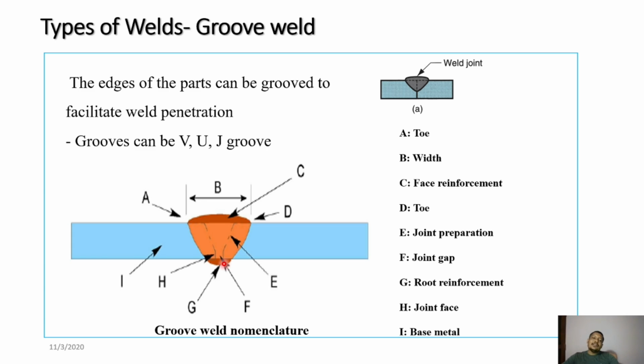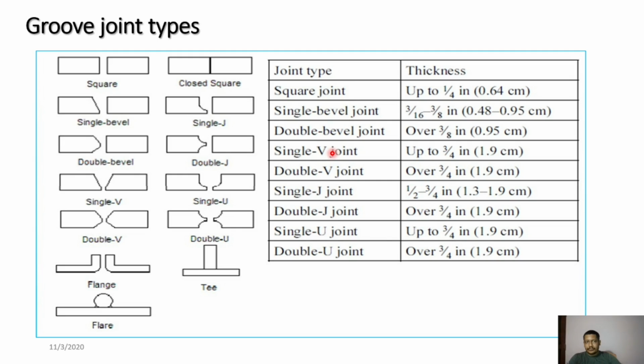Normally in the case of weld joints, almost all butt welding goes with the groove welding operation, and depending on your plate thickness, you have to select what groove to make, whether it is V or U or J, etc.